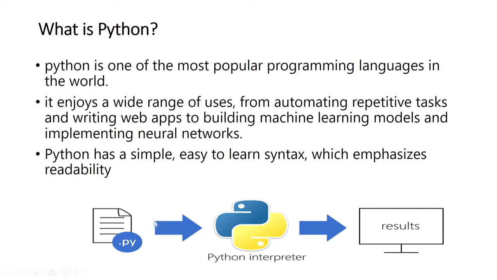The Python interpreter will convert your Python instructions to bytecode, and that will finally be executed by the central processing unit of your computer, and you will finally get the results. So Python is an interpreted language.